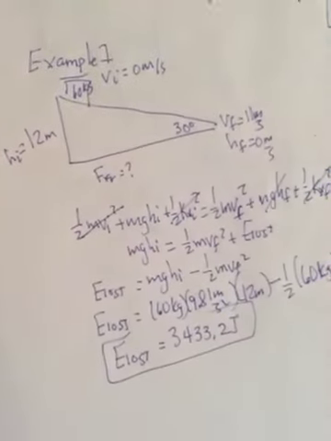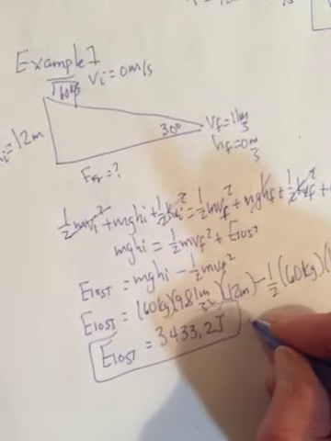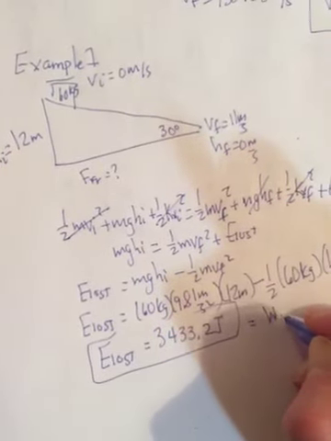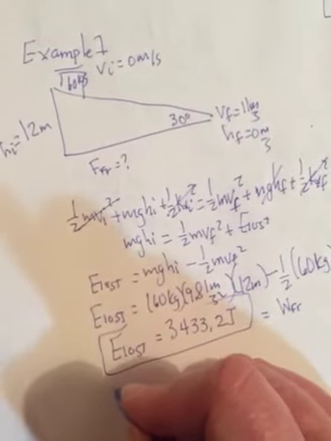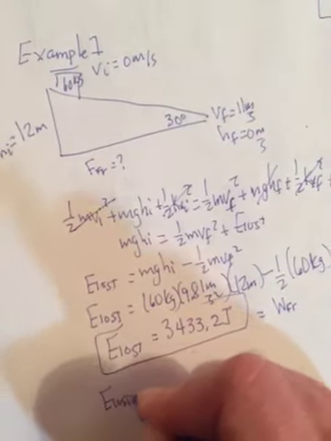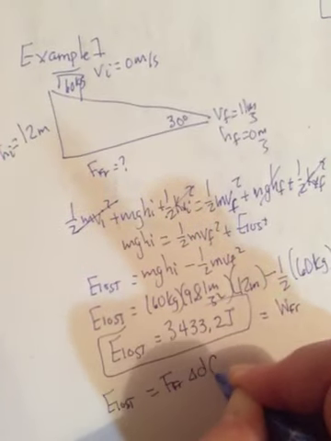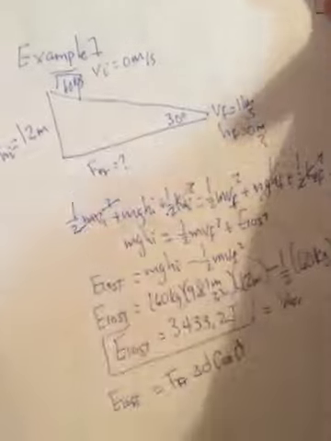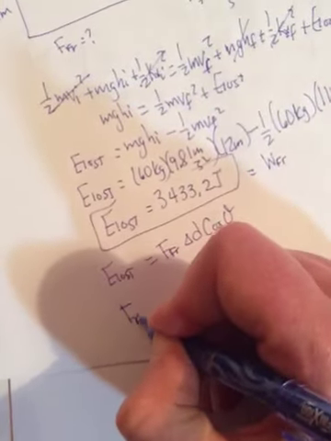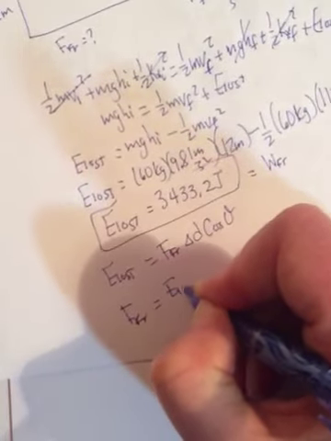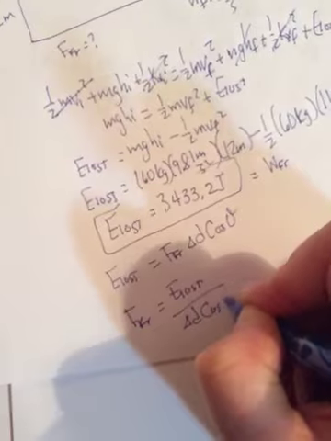The question wanted to know what is the force of friction. So remember, E lost is equal to the work done by friction, and we know that is equal to F delta D cos theta. Okay? And so we're looking for friction. So you're going to take the E lost that you just found, and you're going to divide it by delta D cos theta.